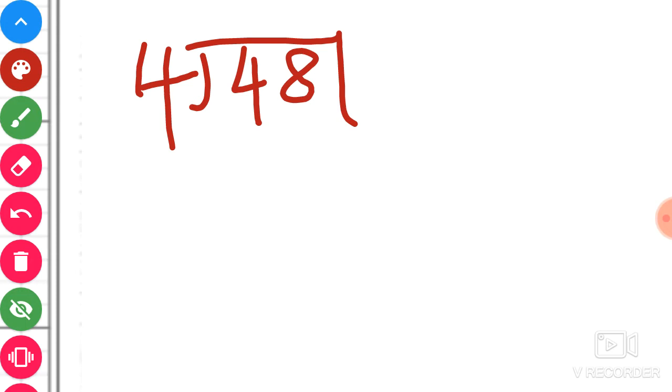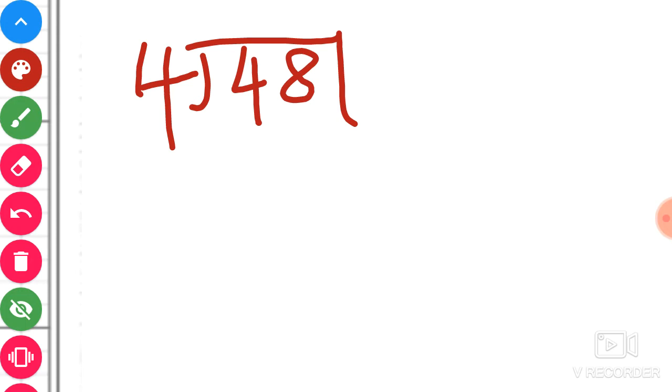Completed? Start from the leftmost side. Okay.